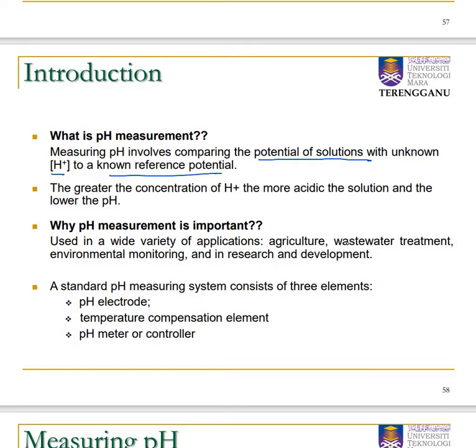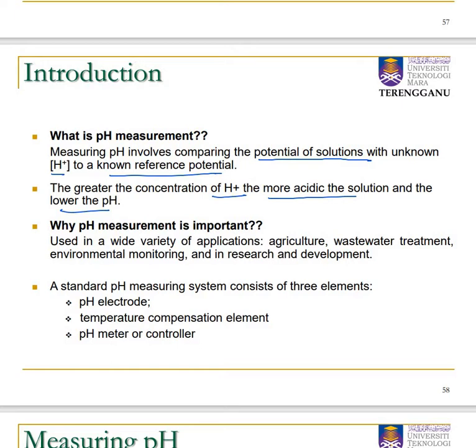Basically we will compare the hydrogen ion activity of the measured solution with the hydrogen ion activity of the reference solution. So the greater the concentration of hydrogen, the more acidic the solution, and the pH will be lower. For a neutral solution, normally the pH is 7.